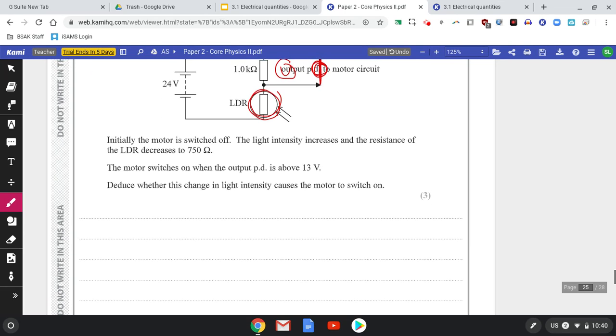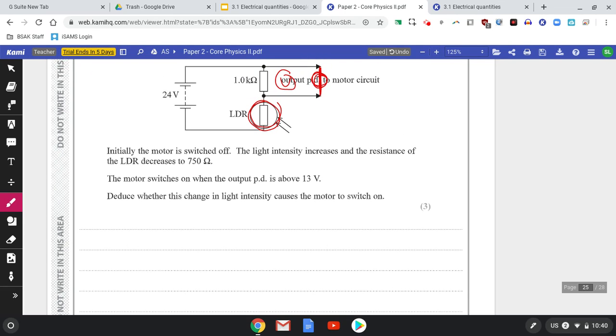It's a potential divider, so we're going to use our potential divider equation. V out across the fixed resistor is going to be a share of the input, isn't it? The share is how much of a share the resistance is of the total resistance. We've got 1,000 ohm and 750, so the total resistance is 1750.